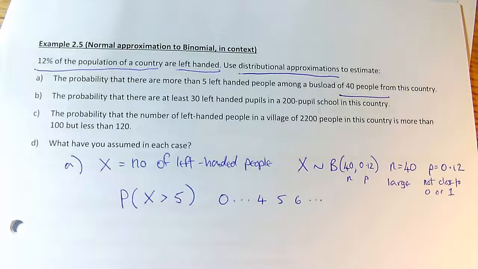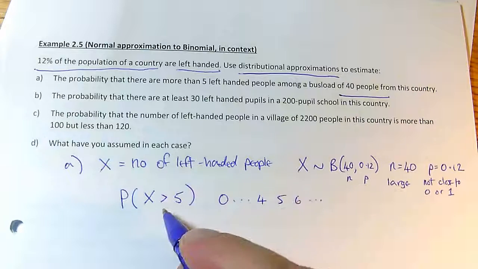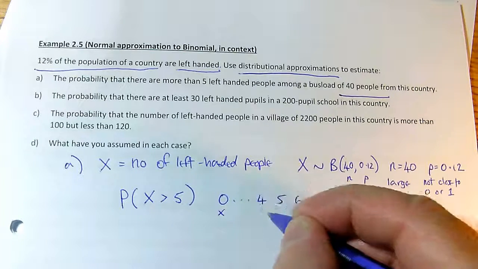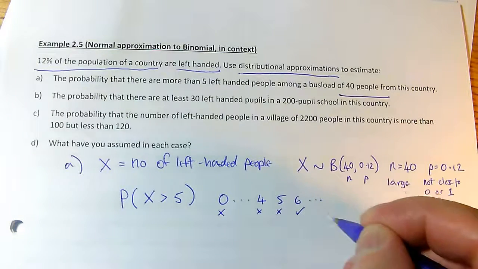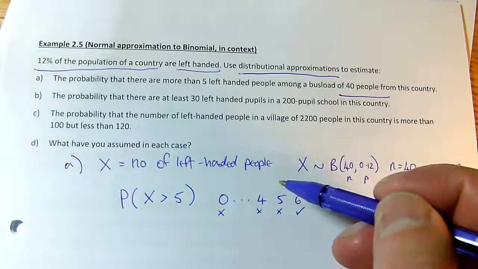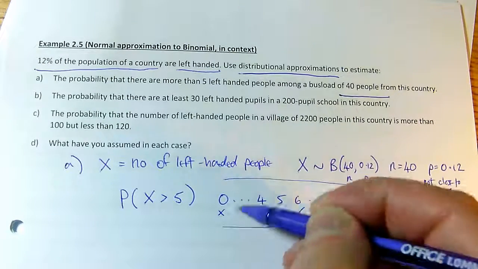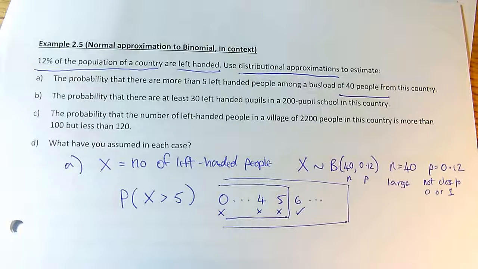So we are going to say we want to be greater than 5, so I can't be 0, I can't be 4, I can't actually equal 5 because I've got to be greater than it, but I can be 6 or above. So with the binomial distribution, you do a big box and a little box. But the thing we're interested in now is the continuity correction that we need for our normal. Okay, so we can see that between 5 and 6, this is going to be a value of 5.5.